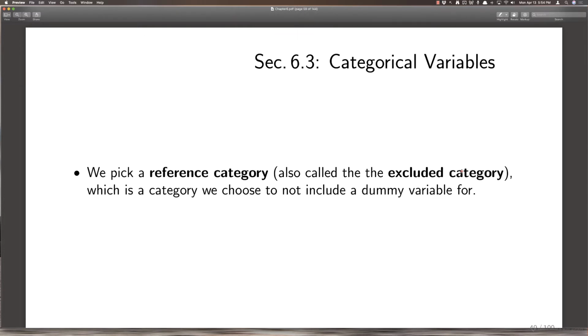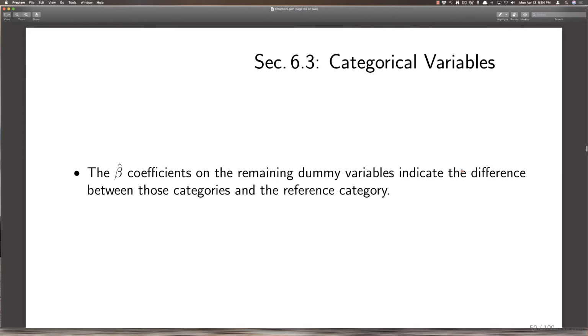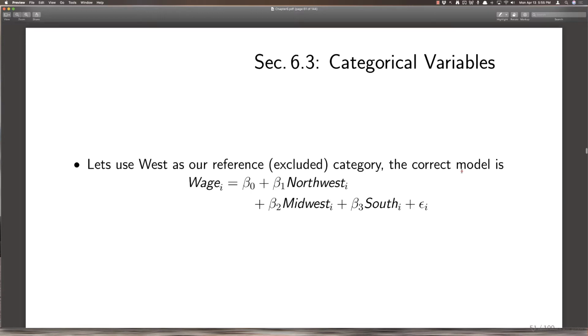So we're going to pick a reference category, or the excluded category, or the baseline category, and we're going to drop it, all right? And we're only going to include the other categories, all right? The beta coefficients on the remaining dummy variables, the ones that we do include, are going to be relative to the reference category, all right? So let's take this one first.